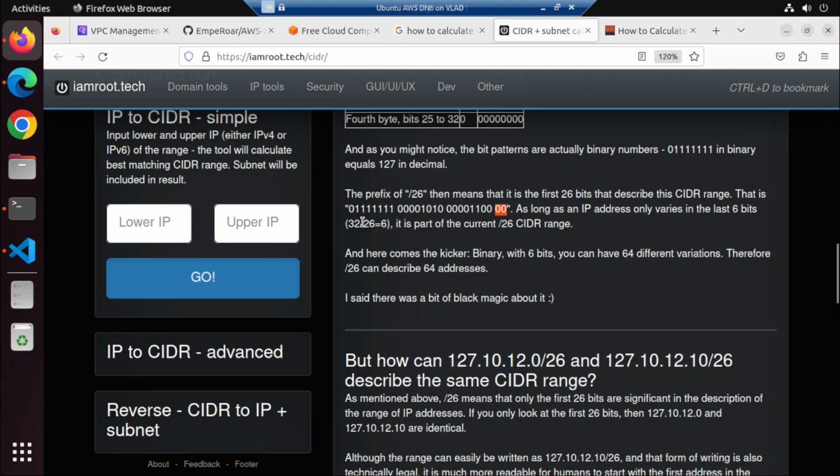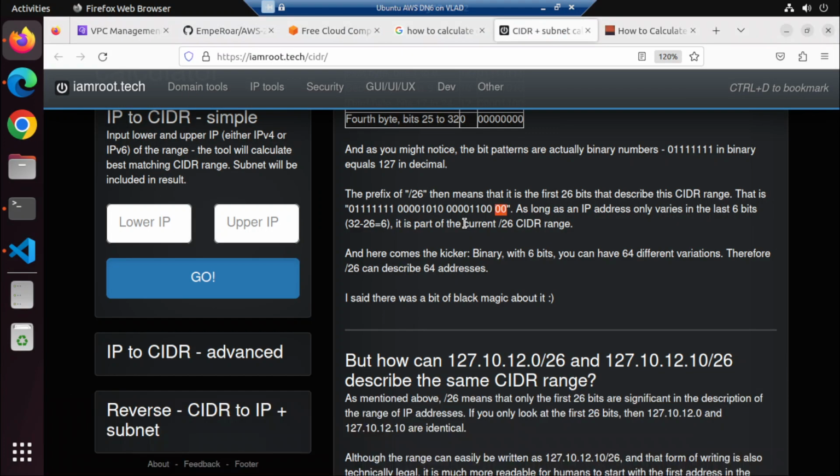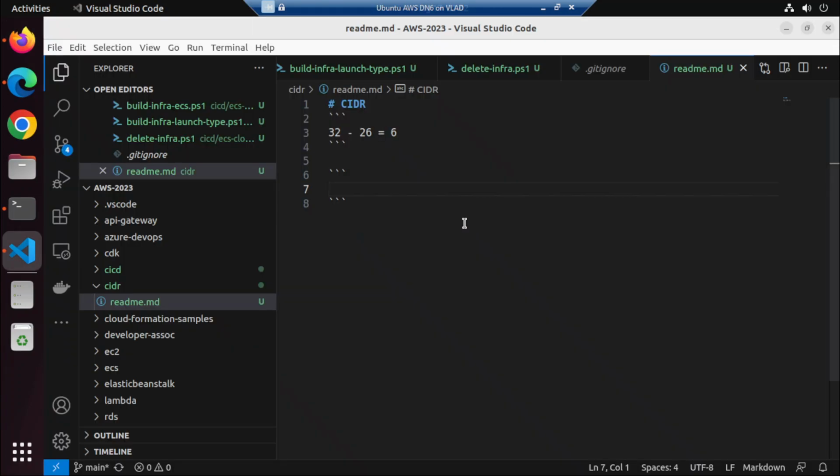Okay, so 32 minus 26 is equal to 6. And it says that in binary, with 6 bits, you have 64 different variations.